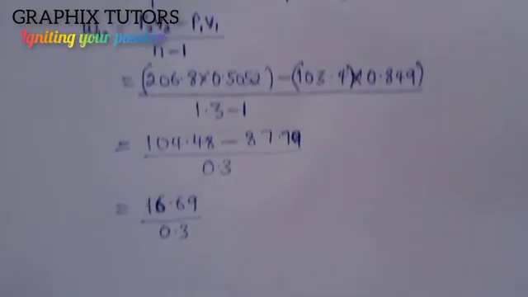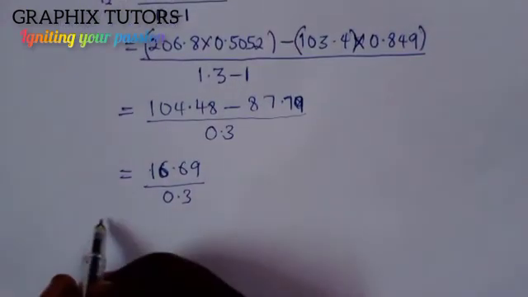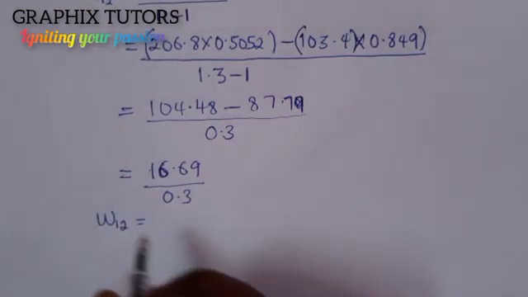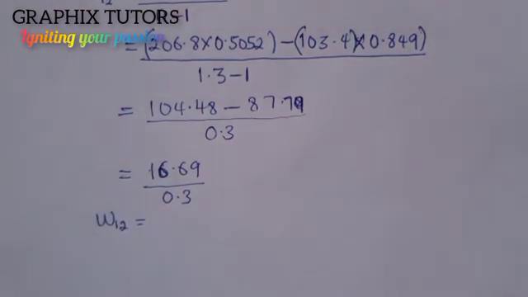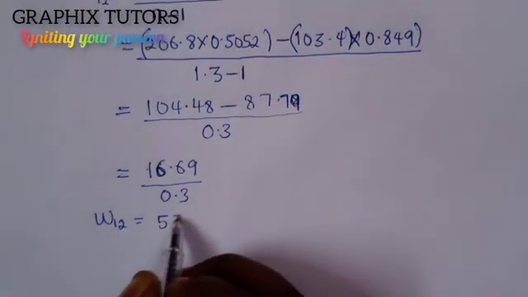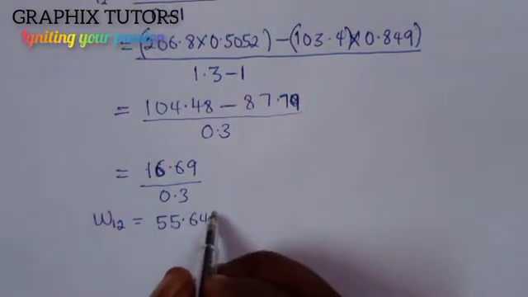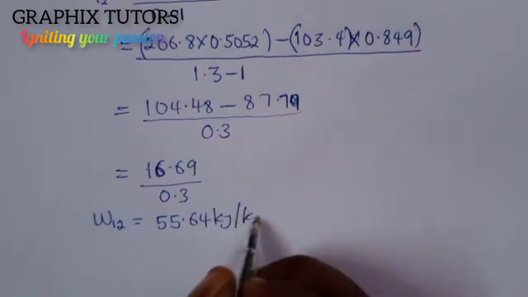So from what we have here, the work transfer W12 will give us 55.64 kilojoule per kilogram.